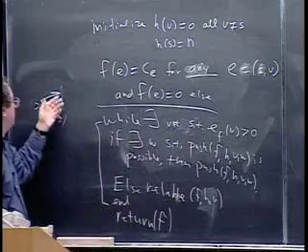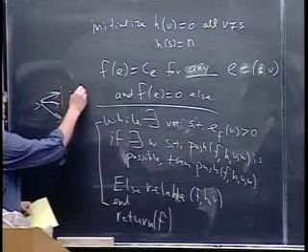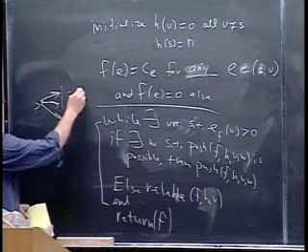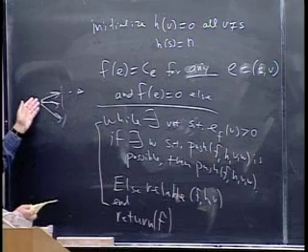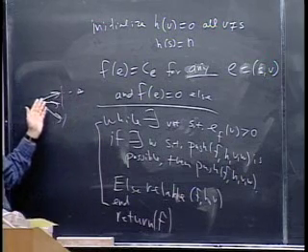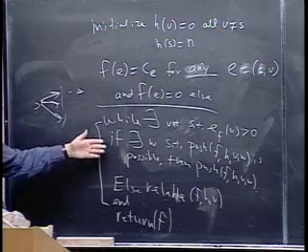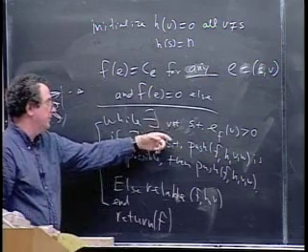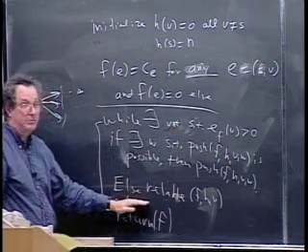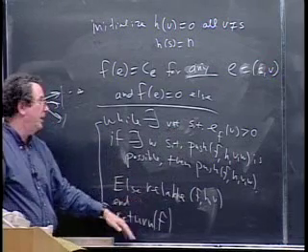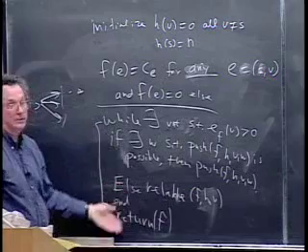Pushing means, well, if I can go forward, then let's do so. Otherwise, let's go backwards. And if I really can't do either of those for that node V, then let's relabel V and see where I'm at.